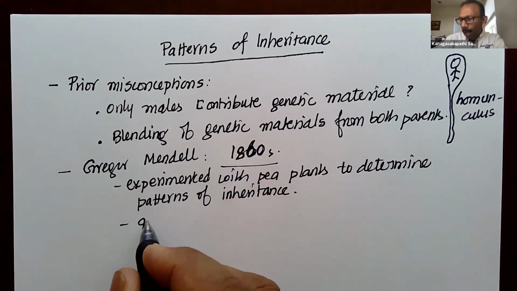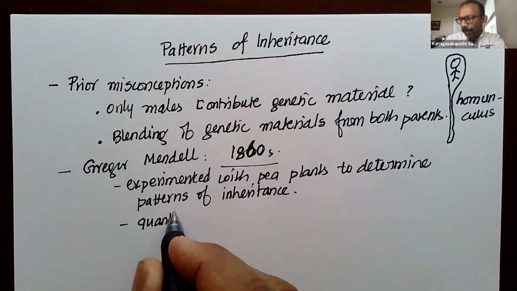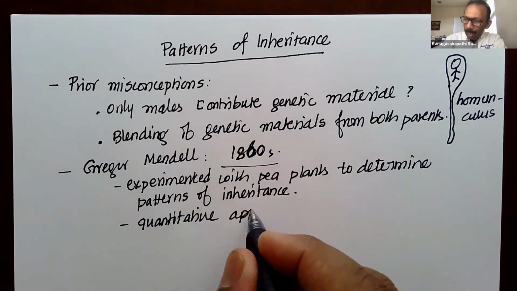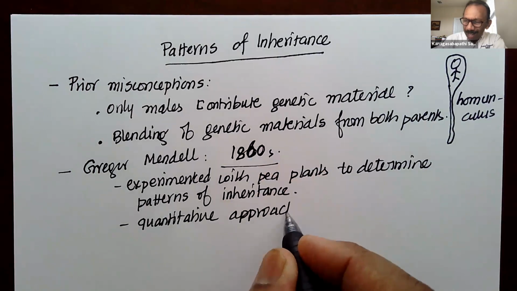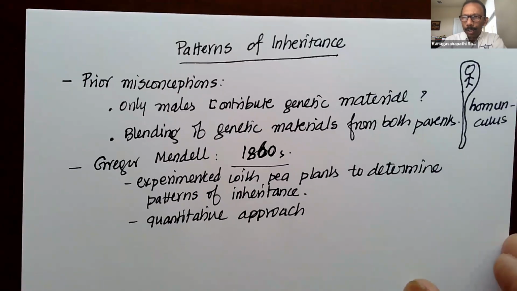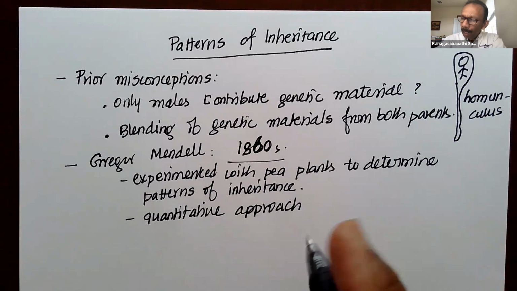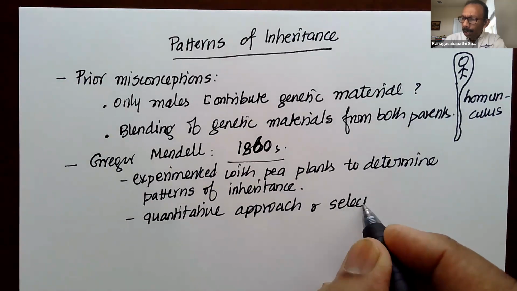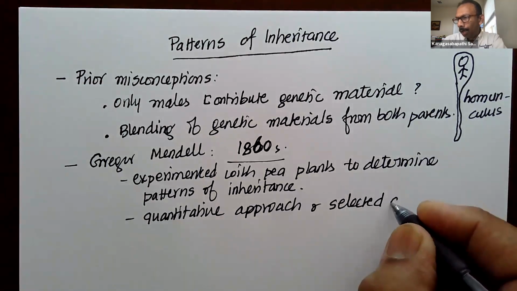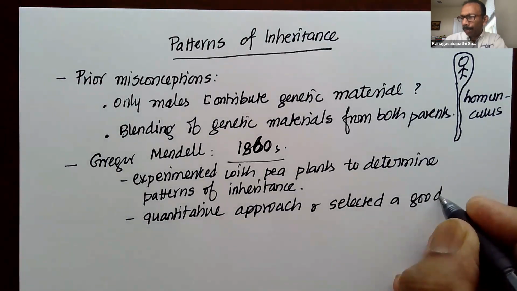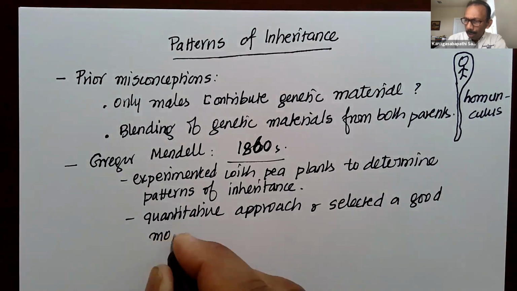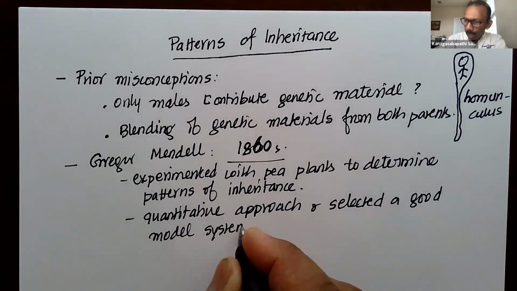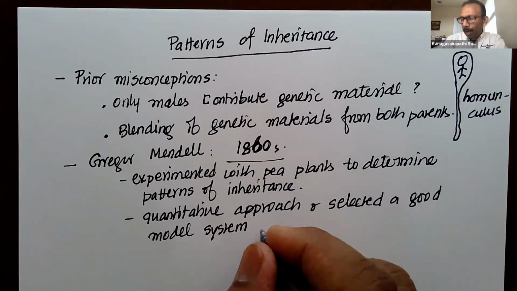He used a quantitative approach in terms of understanding how many offspring had this characteristic or that characteristic, and also selected a good model system, which is the pea plant, which was easy to grow, easy to cross and hybridize.